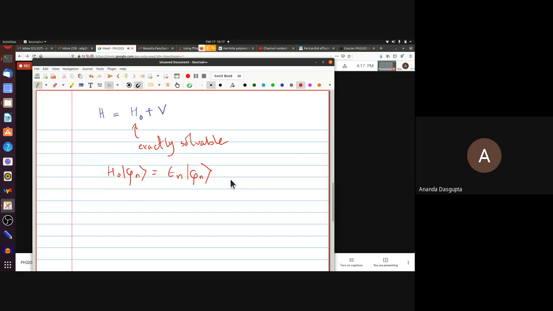And we are going to pretend for the time being that this series is discrete. That is, you have epsilon 0, epsilon 1, epsilon 2, which can be discretely labeled. But even if there's a continuous spectrum here, even if energy levels are continuous, you can just modify the notation a bit and deal with that. So we are not going to bother being very precise about whether this is discrete or continuous right now.